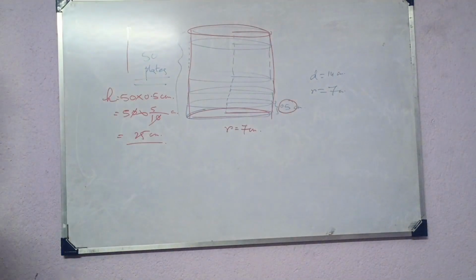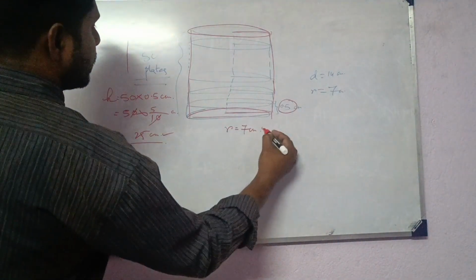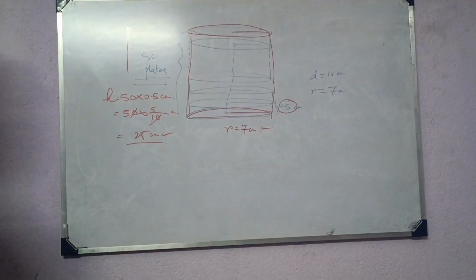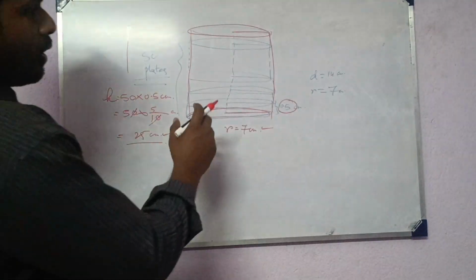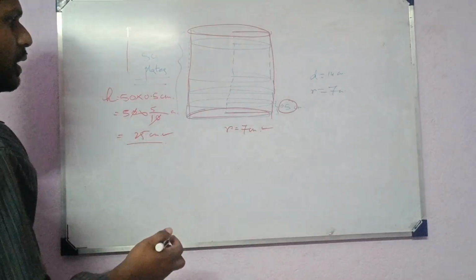So the height is 25 centimeter and the radius is 7 centimeter. Now we have to find the total surface area of that cylinder.